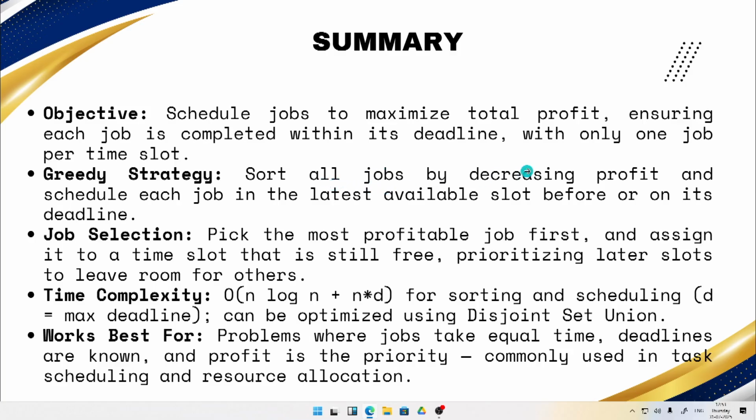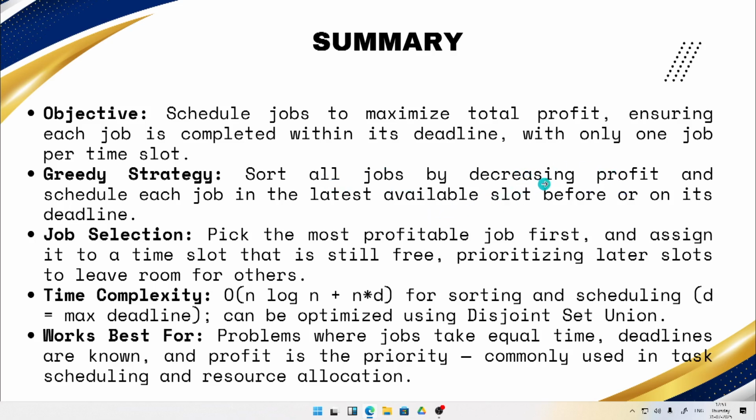For solving this problem, we use a greedy approach, because with the greedy approach we always make a locally optimal choice at every point of time. In order to do it, we sort all the jobs by their profit.